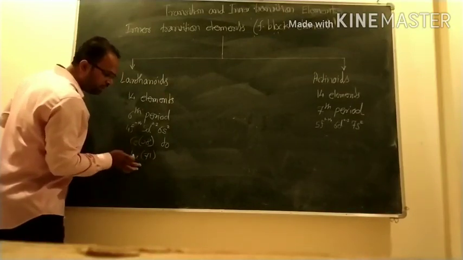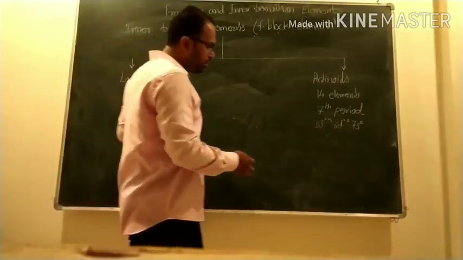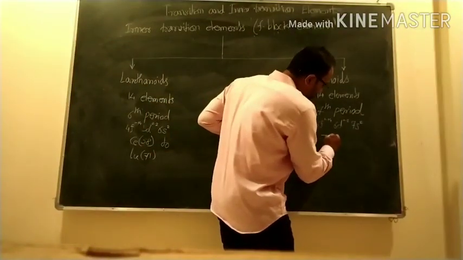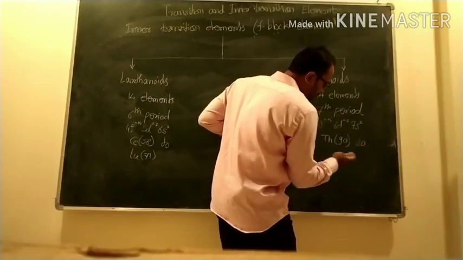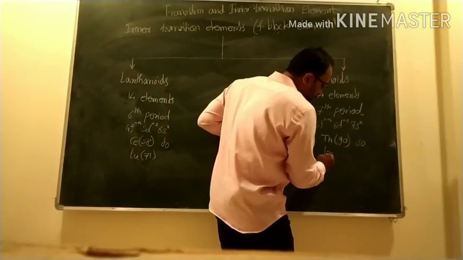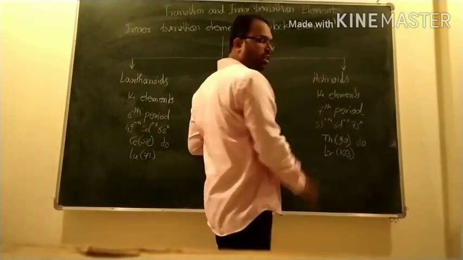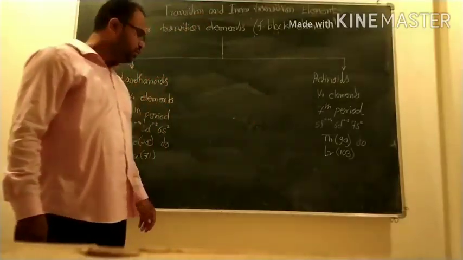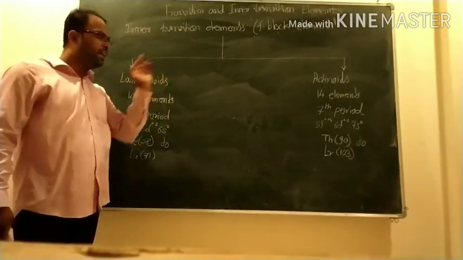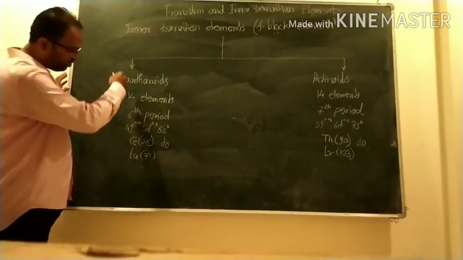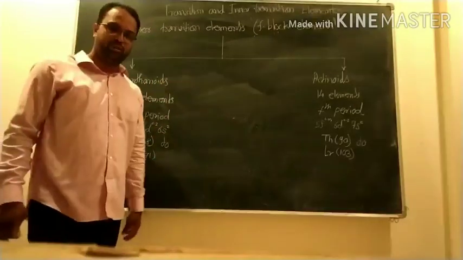Okay, 14 elements are present in lanthanoids. For actinoids, the starting element is thorium 90 and the last element is lawrencium 103. So 14 elements are present in actinoids. So that is the difference between lanthanoids and actinoids, and also we saw the position of lanthanoids and actinoids.